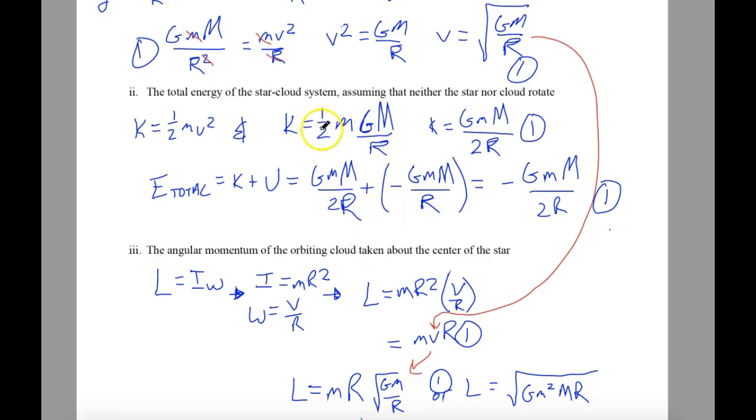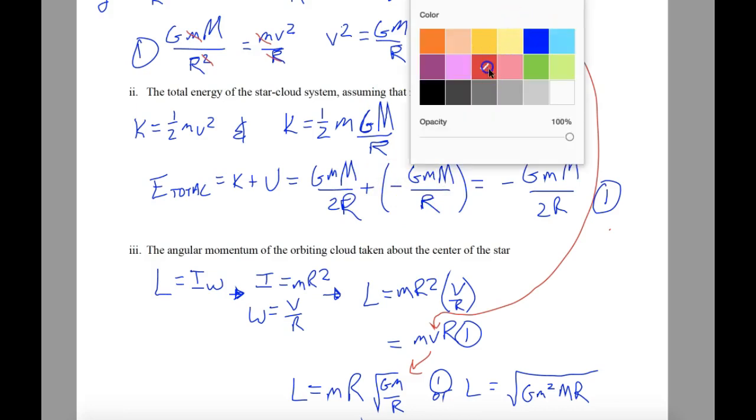We're now going to say the total energy here is the kinetic plus the potential. Our kinetic energy is big G, little m, big M over 2 capital R, and then that is minus big G, little m, big M over R. So this right here is the potential energy of the system. If you subtract the two, we need to make a common denominator. I saved this so you can see me do it.